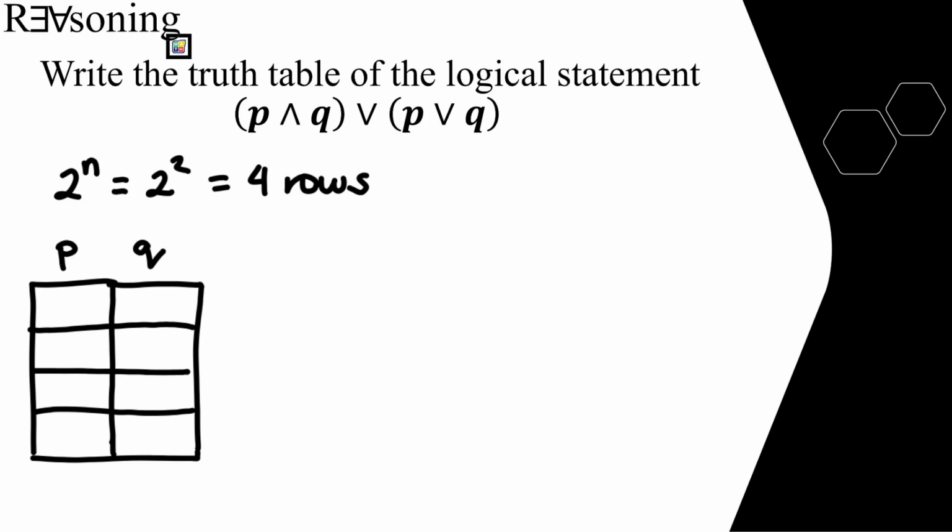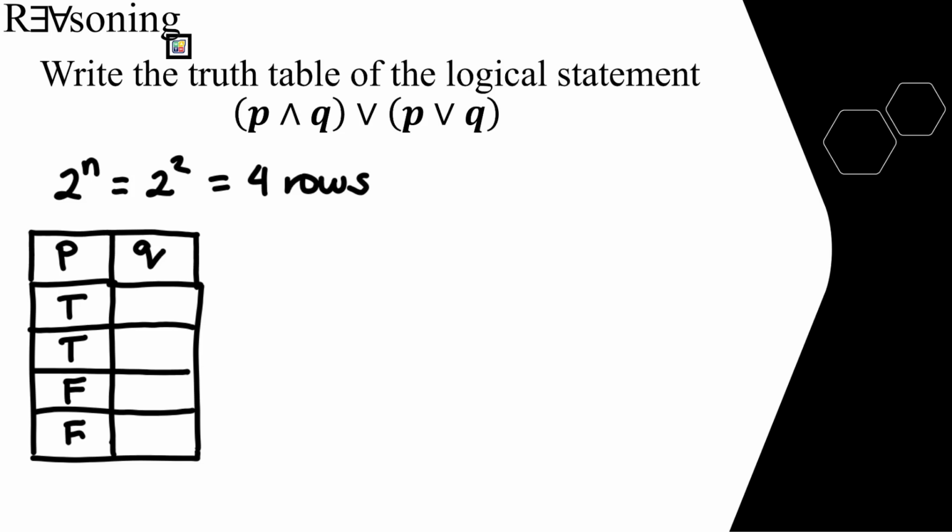If you would like to, you can also enclose this with another row, but this is actually not included with the 4 rows previously identified. To start, let's place here the truth values for P and Q statements. For our P column, let's have here true and true, followed with false and false.